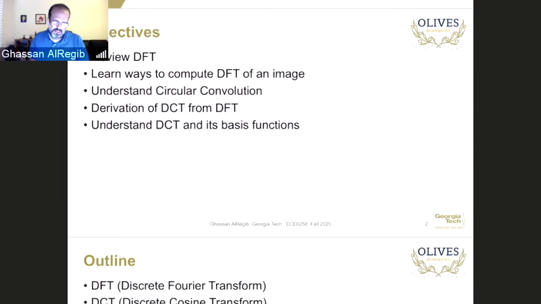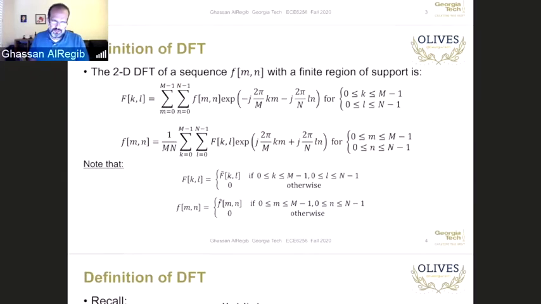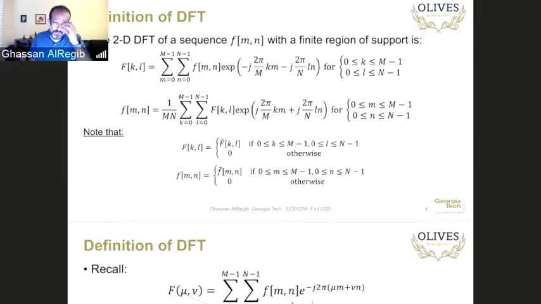If we have enough time at the end, I will start to see how we can get the DCT transform, which is an important transform in image compression and video compression, from the DFT. So this is the definition of the DFT, the forward definition and the inverse.